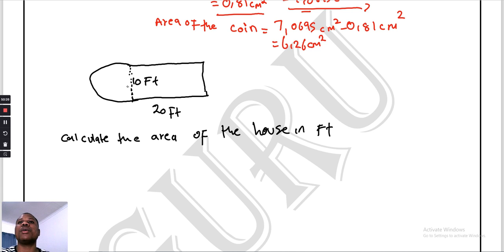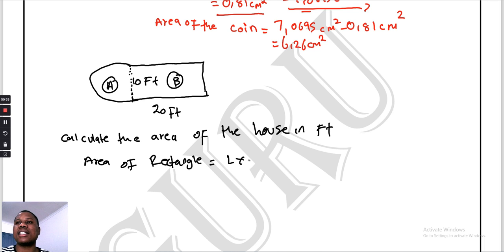So what are we going to do now? Let's analyze our house. When we look at our house, shape A is given as a semicircle, shape B is given as a rectangle. Okay, so we can start by calculating the area of the rectangle. So the area of a rectangle is equal to length times breadth.